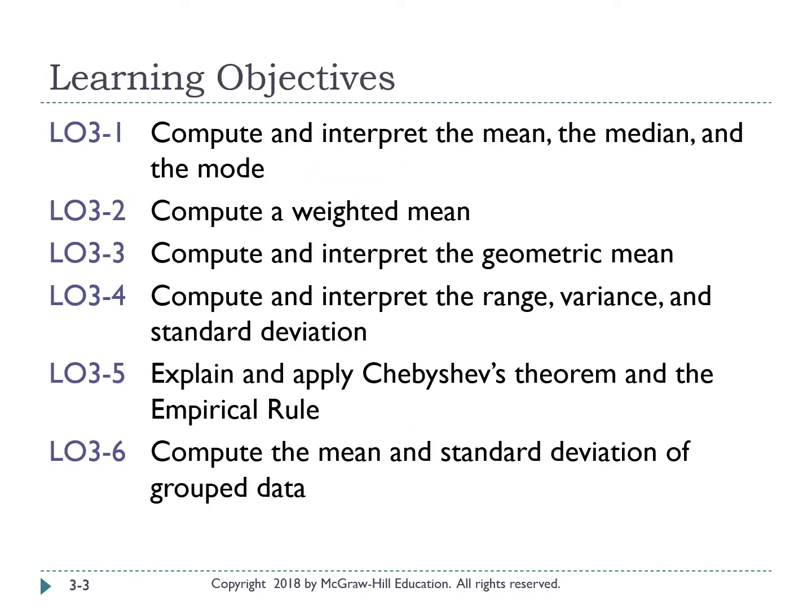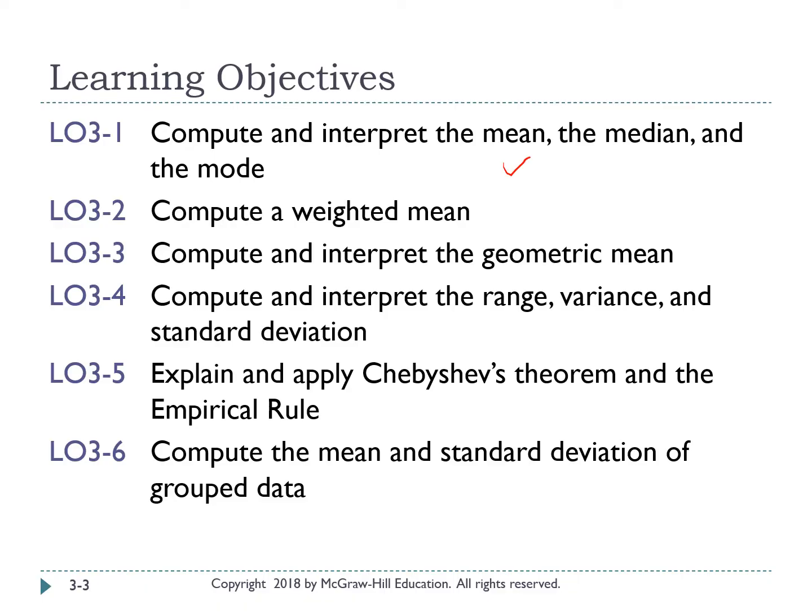At the end of Chapter 3, I'm expecting my students to be able to achieve these learning objectives. So what are the learning objectives? You should be able to compute and interpret the arithmetic mean, median, mode, weighted mean, geometric mean, range, variance, and standard deviation. You should also be able to explain and apply Chebyshev's Theorem as well as the Empirical Rule.